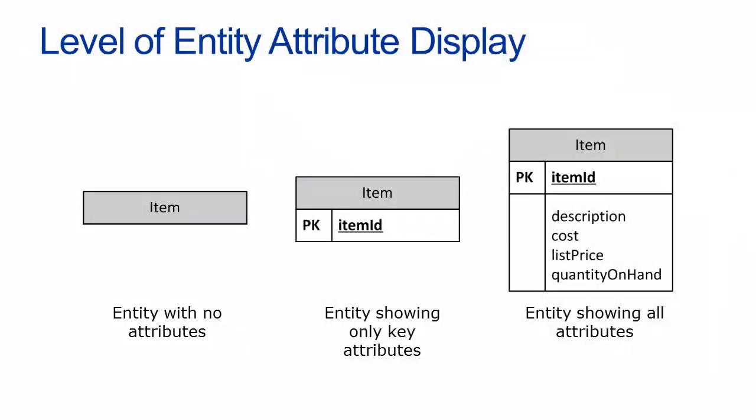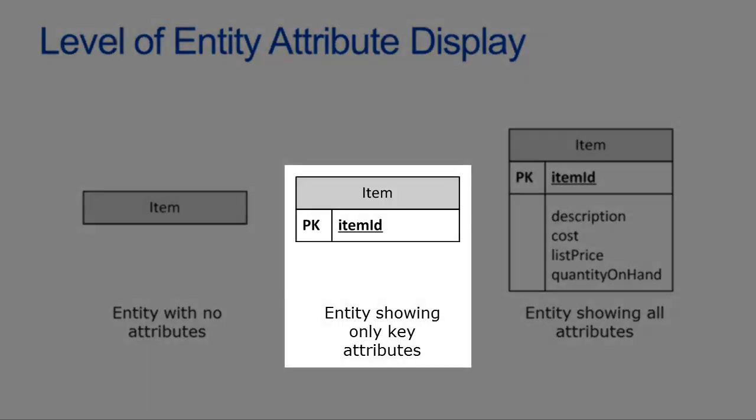Another way of graphically depicting these entities is to show the entity and just include its key attributes, attributes which are serving as identifiers or keys for the entity. We might, for example, have an item entity, and we may have defined an item ID as its primary key, and we will list just that single key attribute so that when we create relationships between the item entity and other entities, we can see which attributes are involved in the relationship.